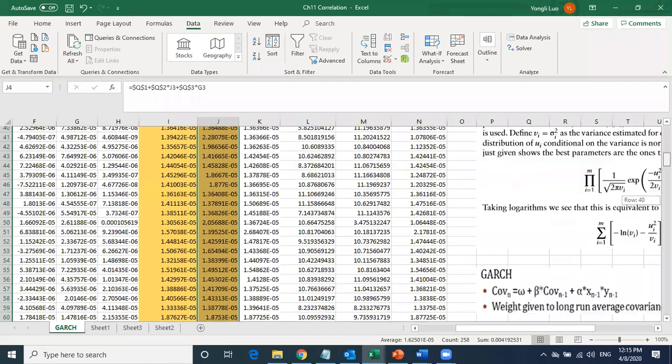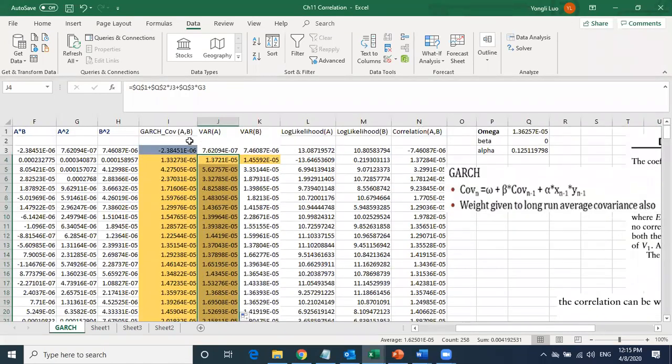This is the variance of asset A, estimated by the GARCH model.